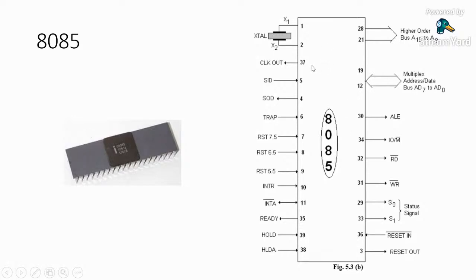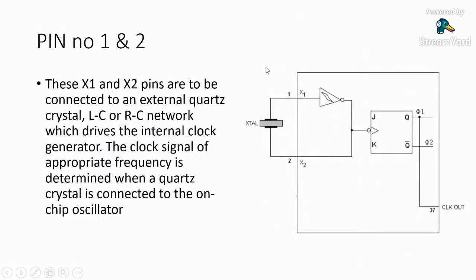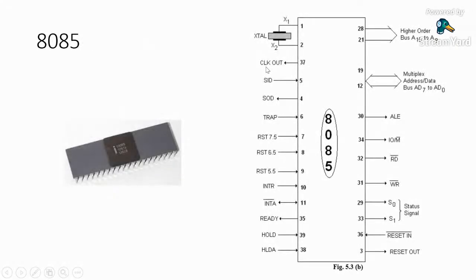And we also have pin 37, which is the clock, which is the output from the crystal from pin 1 and pin 2 here. And then we have SID and SOD. This is for the serial communication.